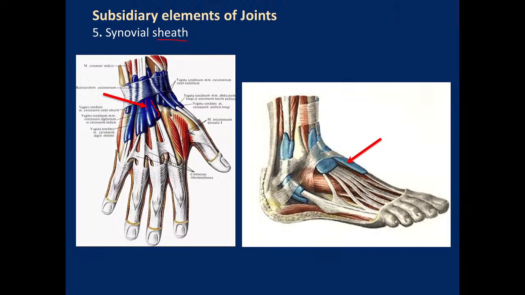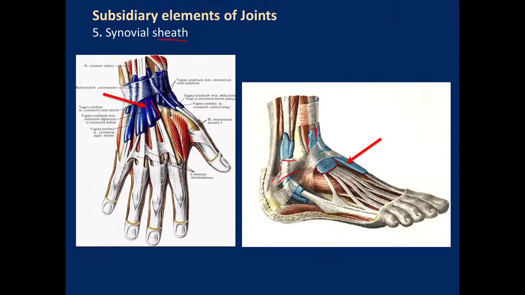It looks like a synovial membrane located around the tendon of muscles, because the tendon comes under fixation elements like ligaments.